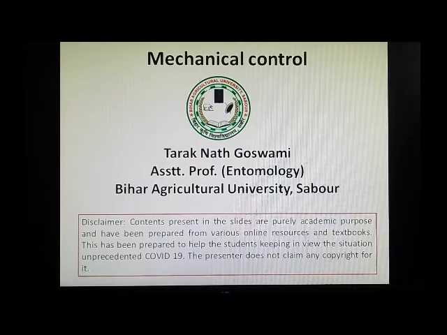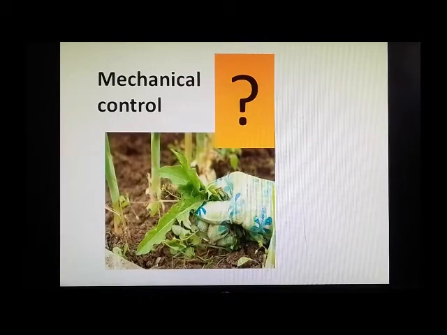So, let's start the discussion on mechanical control. This term is very famous and known to all of you. And what is mechanical control? You know it already, still I am repeating. This is the reduction or suppression of insect populations by means of manual or mechanical devices.